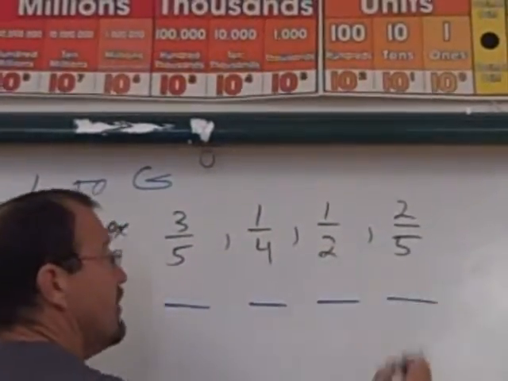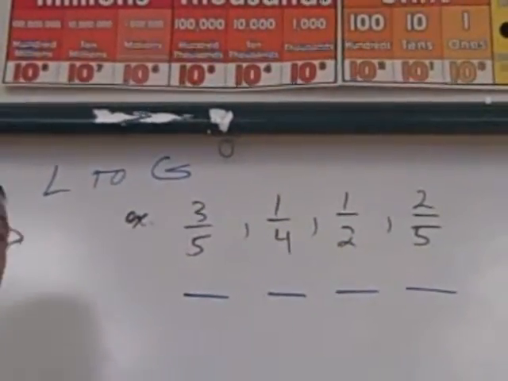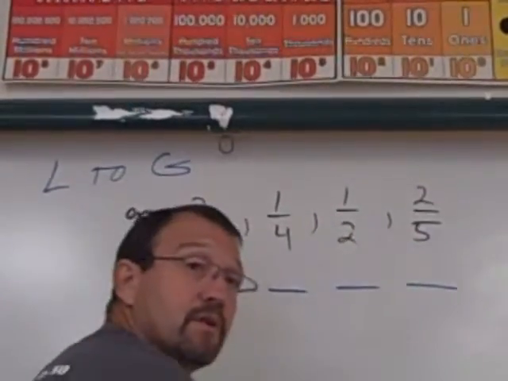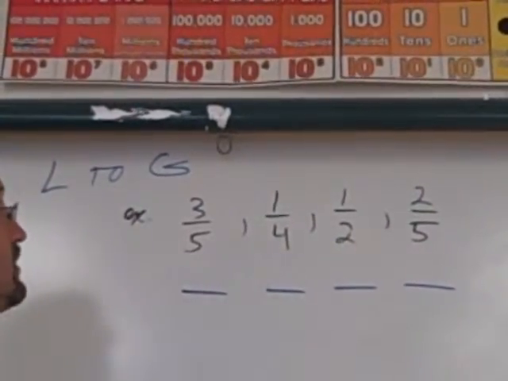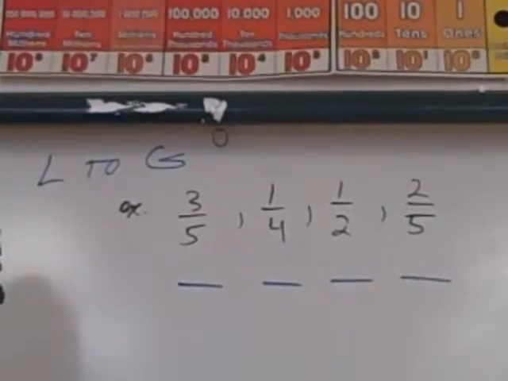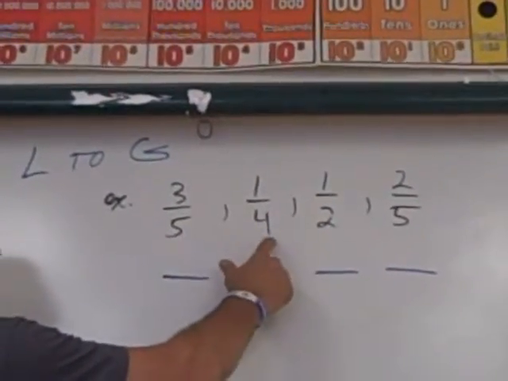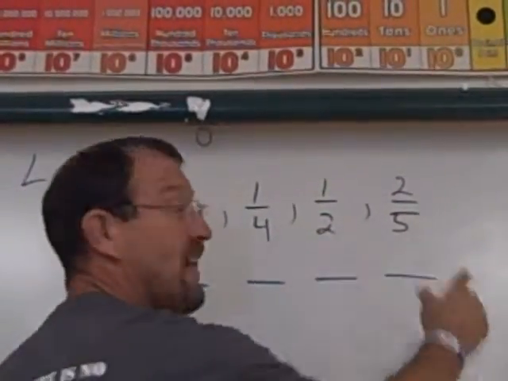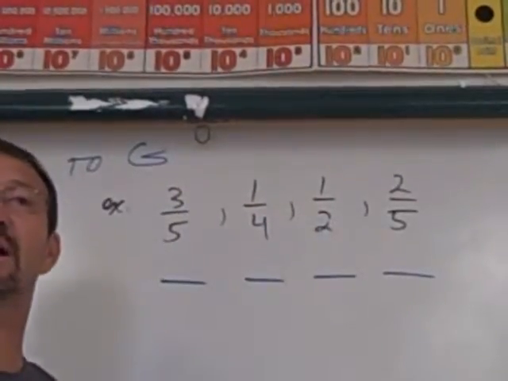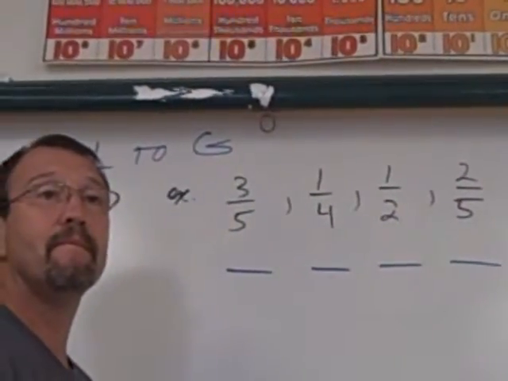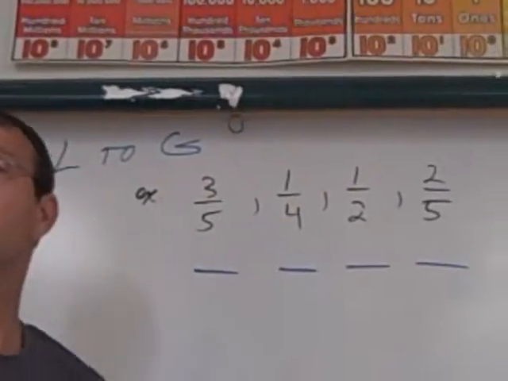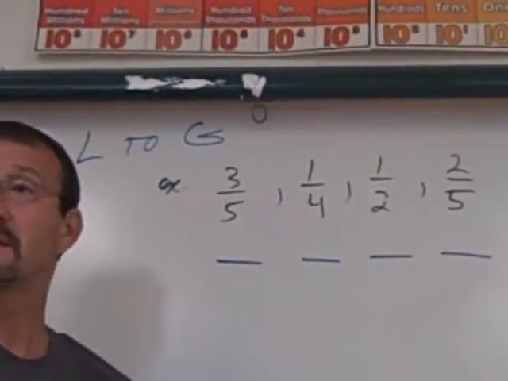Bar, bar, bar, bar. Okay? What can a 5, a 4, a 2, and a 5 all turn into? 10.